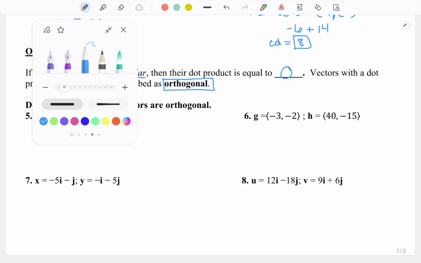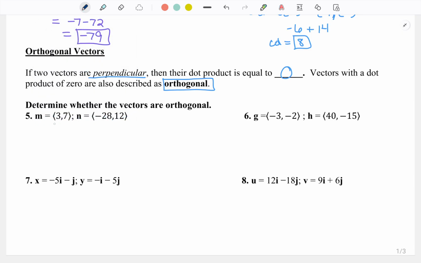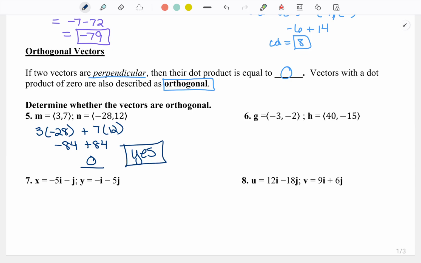So for number 5, we're going to see if m and n are orthogonal. So we're going to have 3 times negative 28 plus 7 times 12. 3 times negative 28 is negative 84. 7 times 12 is 84. If we add those together, then we have 0 as our dot product. So yes, these are orthogonal vectors.